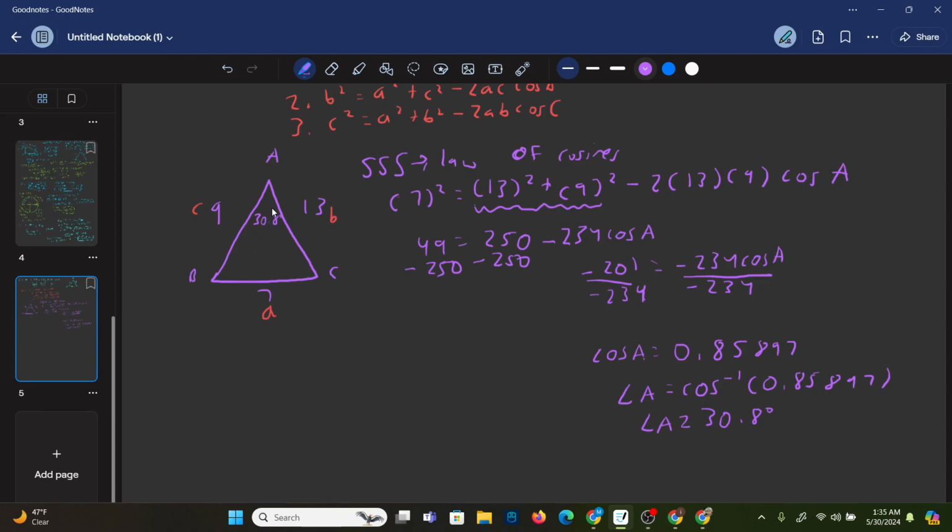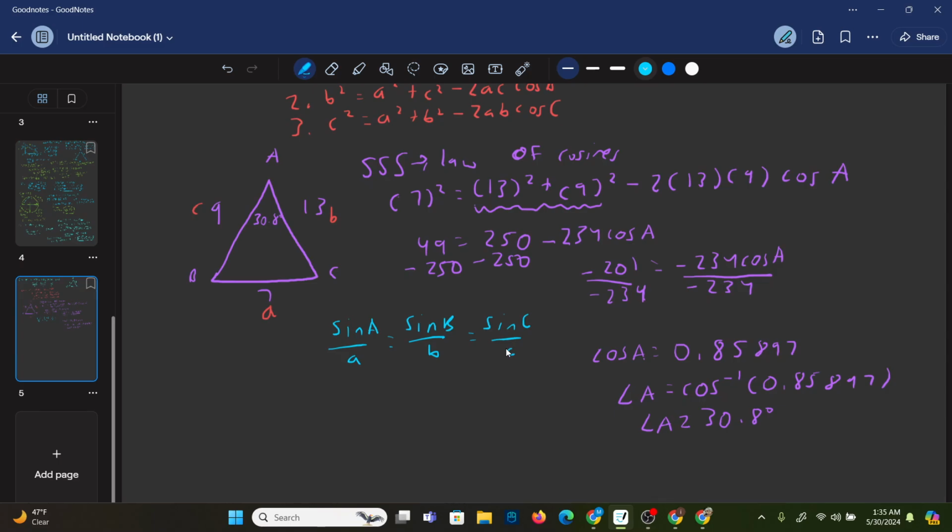So now that we have one angle, for the next part we can use law of cosines or law of sines. And I'm going to choose to use the law of sines. Remember that the formula for the law of sines is sine A over little a equals sine B over little b equals sine C over little c.